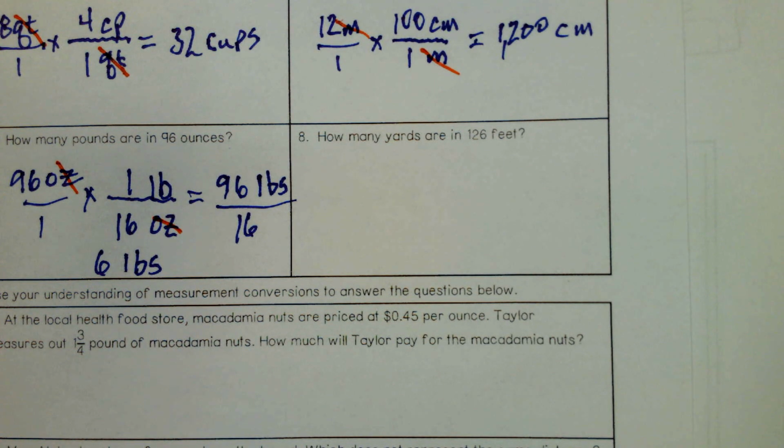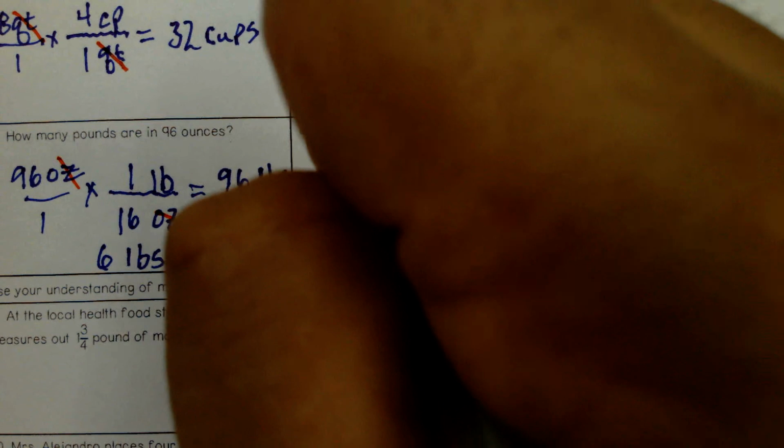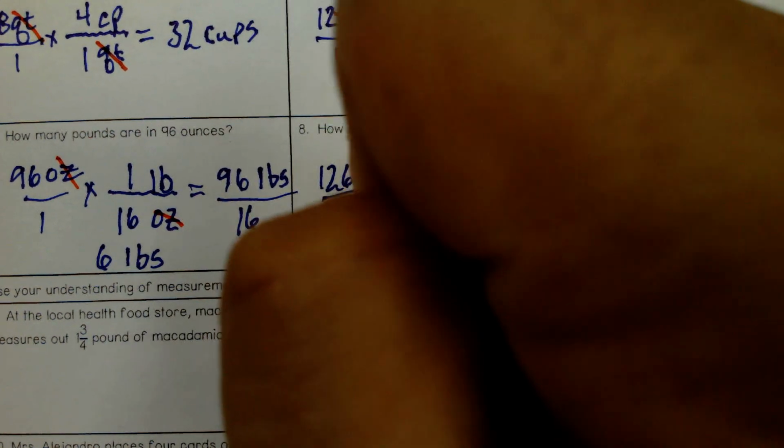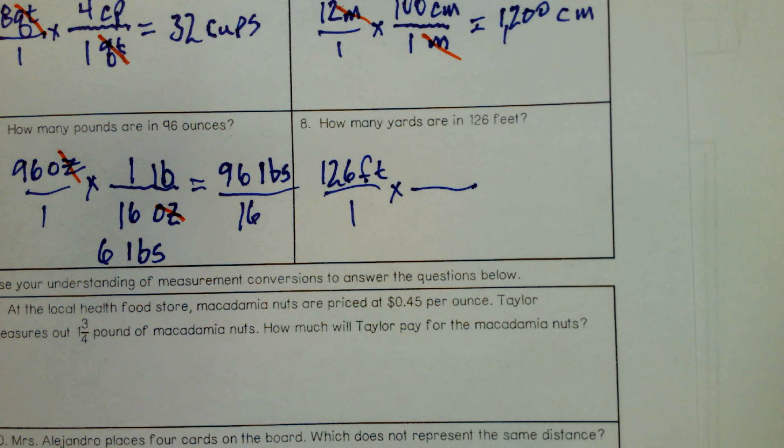All right. So I'm going to leave the last one for you and your table partner. How many yards are in 126 feet? Let's find the correct conversion. We already talked about that one, right? 1 yard has how many feet? 3.